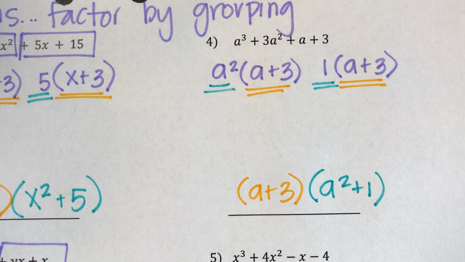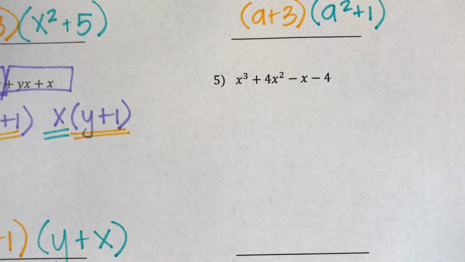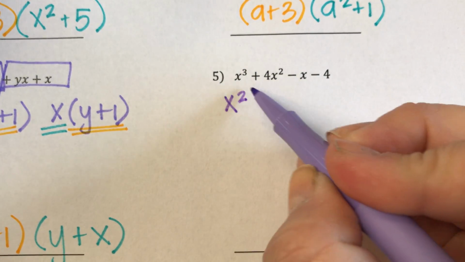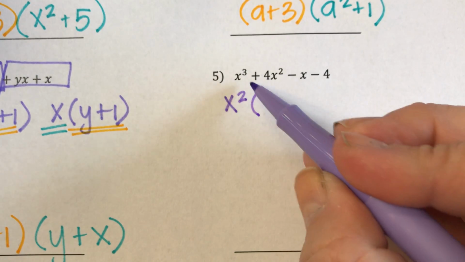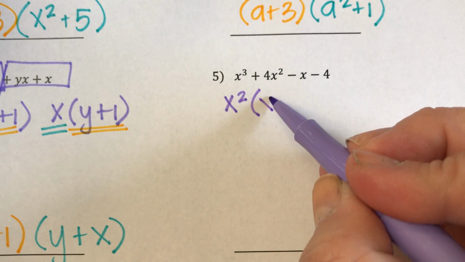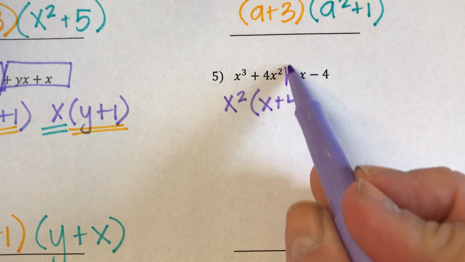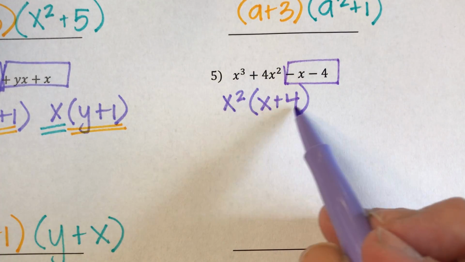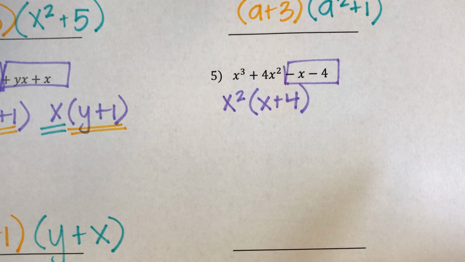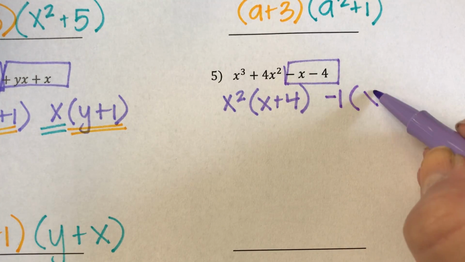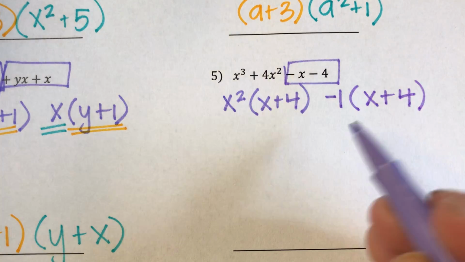Okay, so let's look at number 5. So my first 2 terms, I have x squared is what I can take out, and that's going to leave me with x plus 4. Okay, so I'm looking at these 2, and I'm like, well, what can I take out if I want this to match? I'm going to take out negative 1, which is going to leave me with x plus 4.